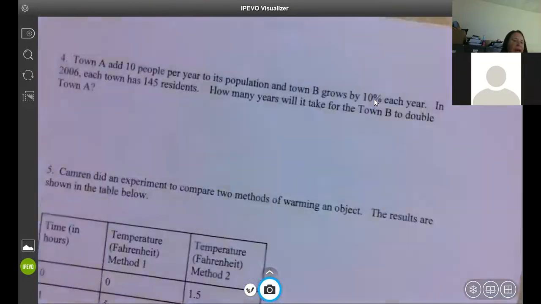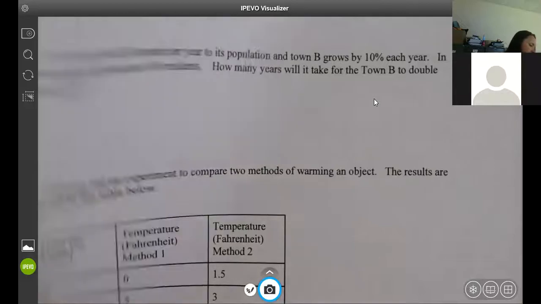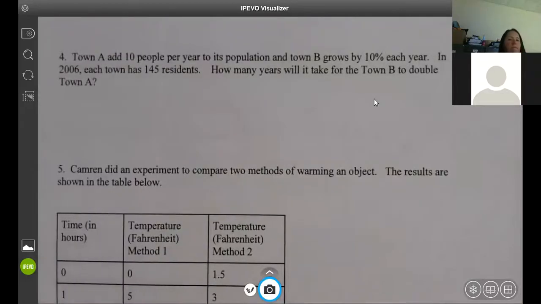All right, town A adds 10 people per year to its population, and town B grows by 10% each year. All right, what do we do?